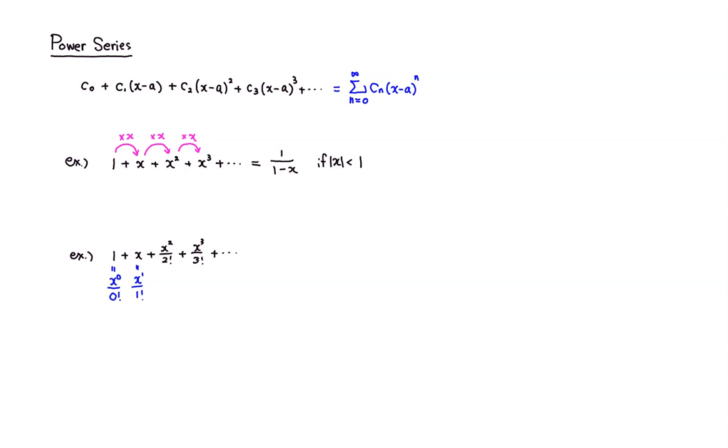So this can be written as a summation, where n goes from 0 to infinity, with x to the nth power on top and n factorial on the bottom.